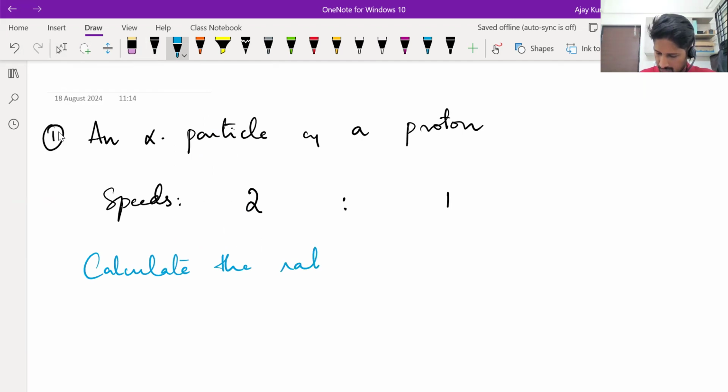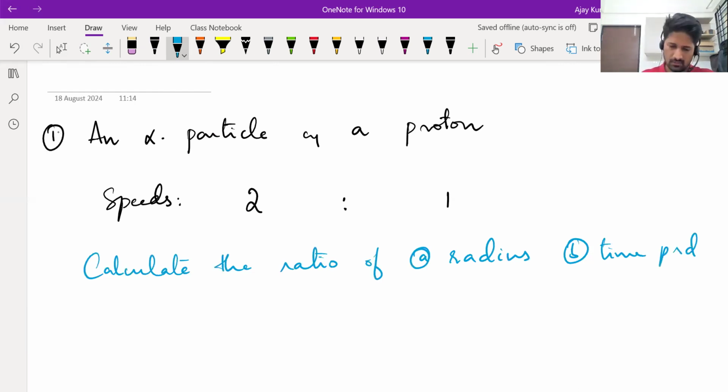the ratio of, first case, radius, and then time period of the uniform circular motion that they execute.